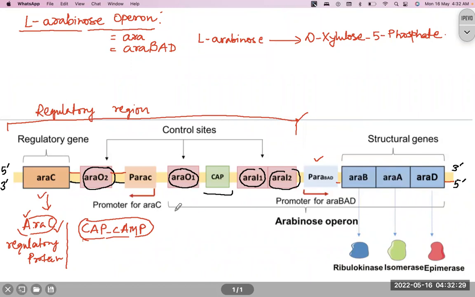Where RNA polymerase binds and initiates transcription, the sites are separate.